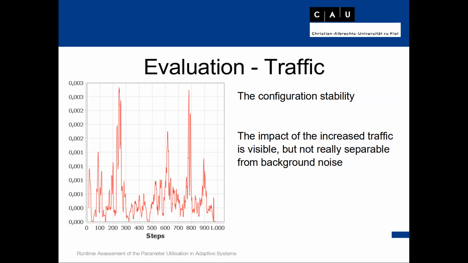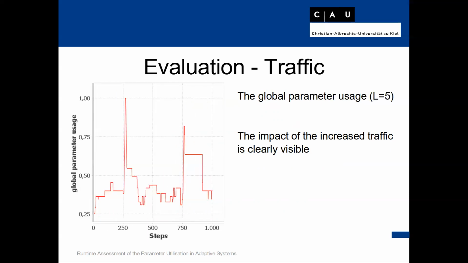So this configuration stability is not very good at identifying this unusual event. On the other hand, the global parameter usage is way better to identify the 2 rush hours, while the background noise does not impact the graph very much.